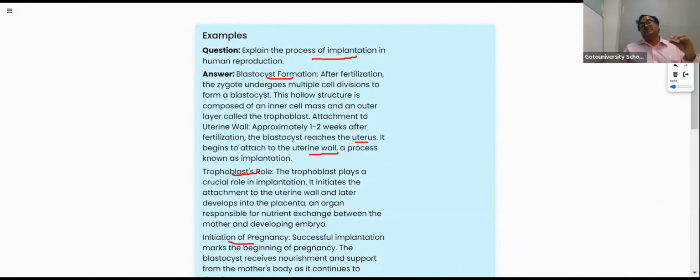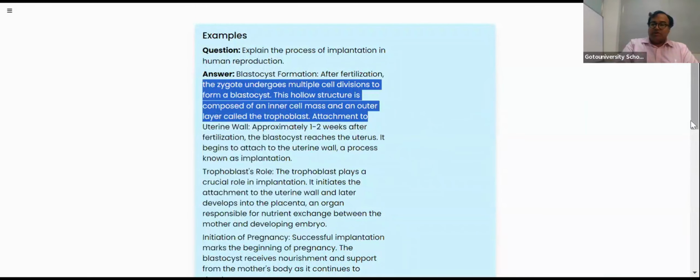When narrating, give subheadings and underline the important words with a pencil, for the maximum score. What is the role of trophoblast? Implantation: the zygote gets a proper hold over the uterus. As it keeps increasing in mass, it does not get detached from the uterus.